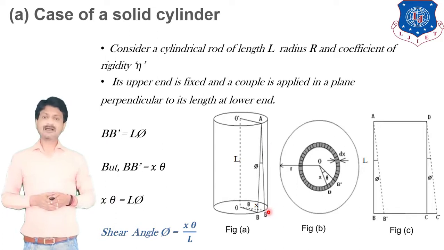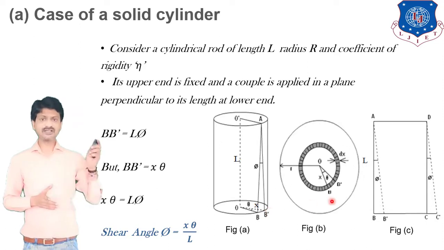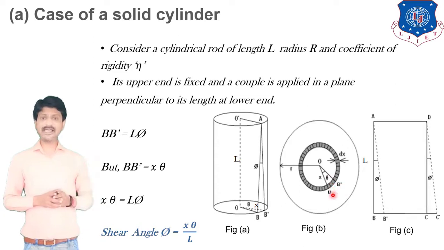So here the angle of shear is equal to theta. According to the figure, we can say that angle BAB dash is equal to theta.